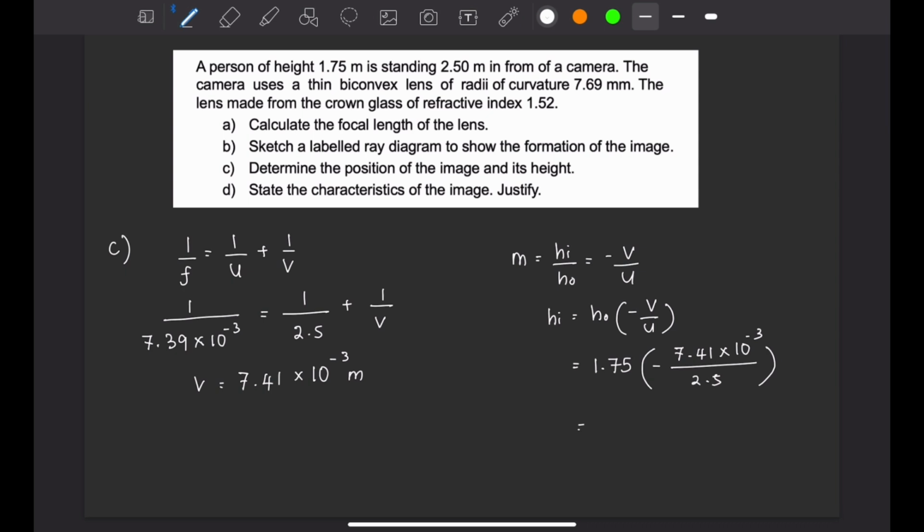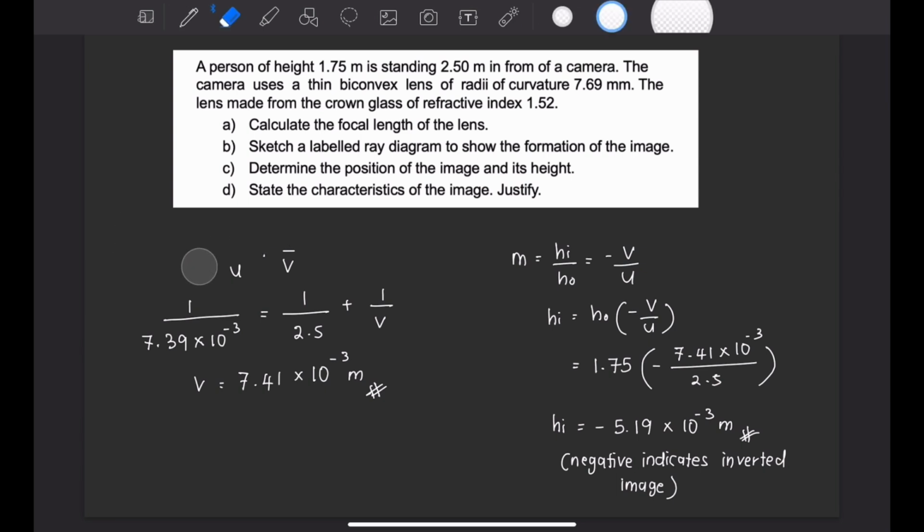And then we press our calculator. Then the final answer will be negative 5.19 millimeter. It was very, very small. And if you wonder why our height is negative, this is because the magnification that we get is negative, and that tells us that the image produced is inverted.